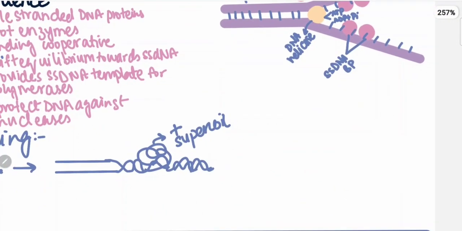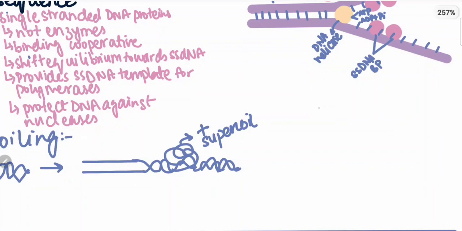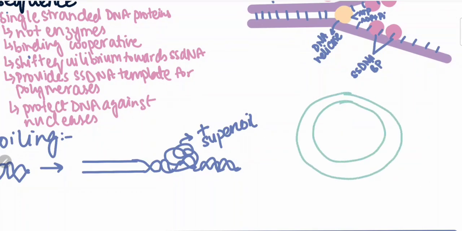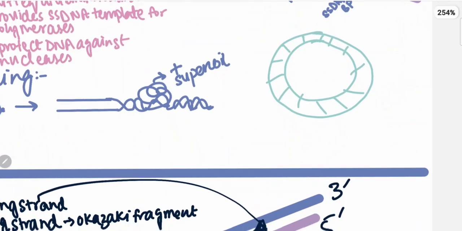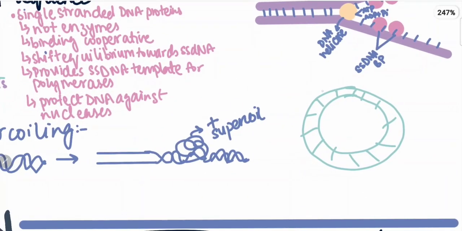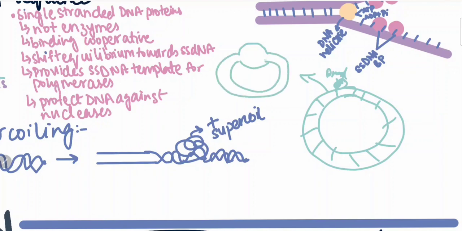So I'll tell you one more thing here, this is your DNA molecule. It's like this, right? And a DNA A protein is going to act on it, and it is going to form something like this.